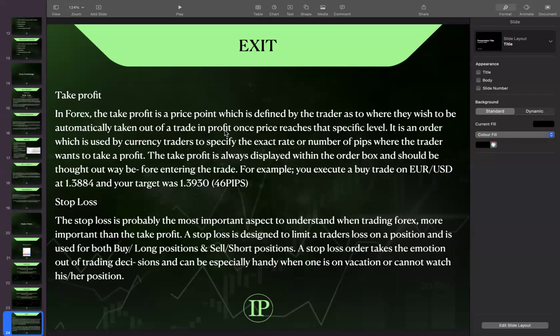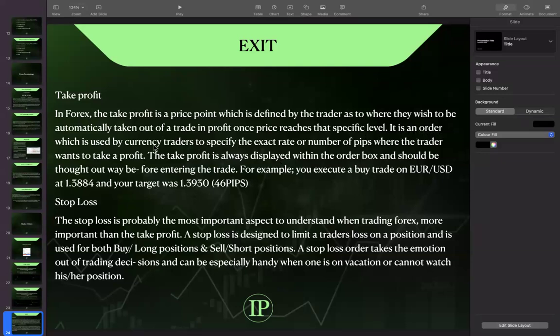Once you are in profit, this order that you will be placing, which is called a take profit, is going to close your trade. So if the market turns around, you will not lose the money that you already made. It will basically close that trade for you and bank all your money, okay? Automatically taken out of the trade in profit once price reaches a specific level.